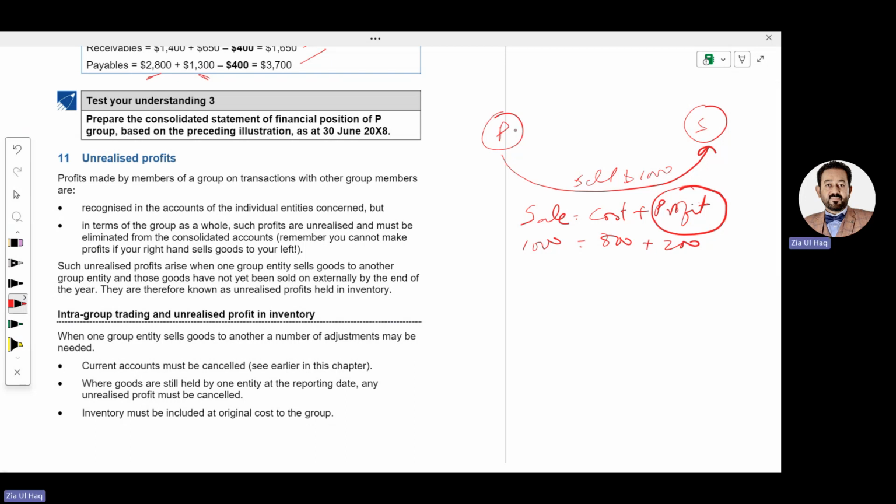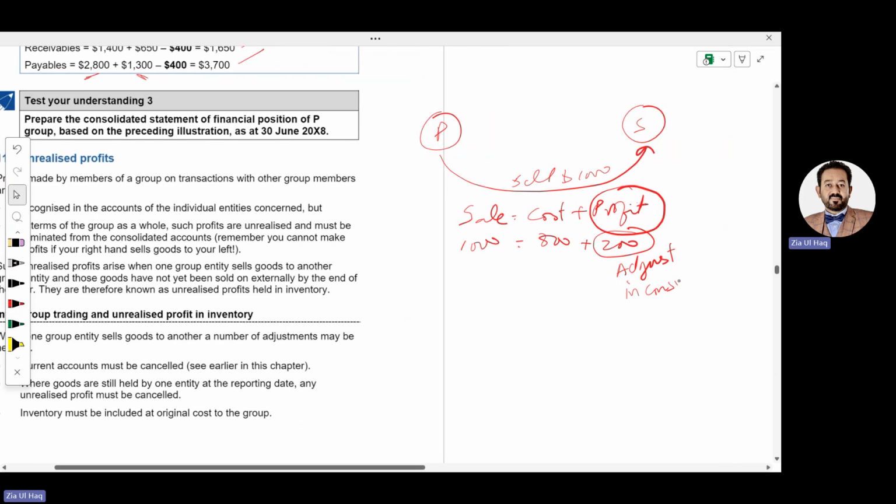If P sold goods to the subsidiary and made a profit of 200, we need to adjust this profit in consolidation. Why? Because this profit is not realized. It's like you have put goods from one pocket to another pocket.